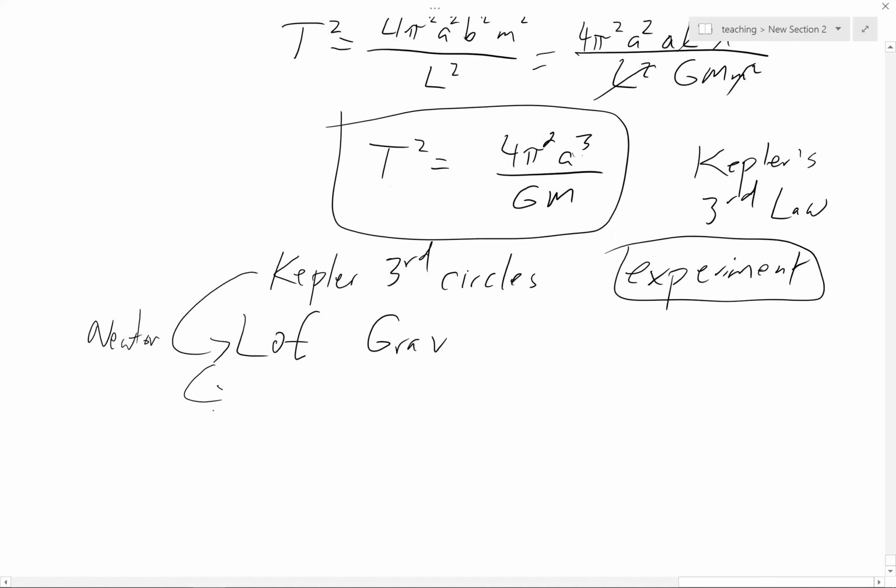And from the law of gravitation, we get the three laws of Kepler, including this third law in general. So really the only thing that this rests on in terms of experiment is Kepler's third law for circles.